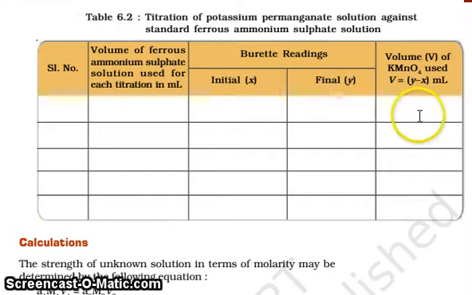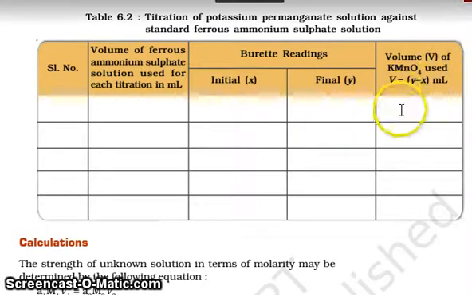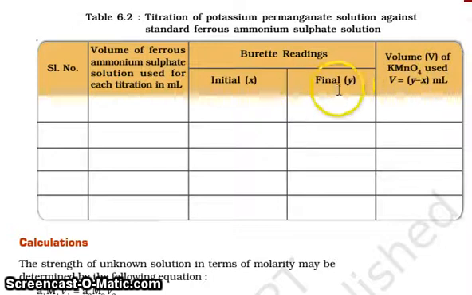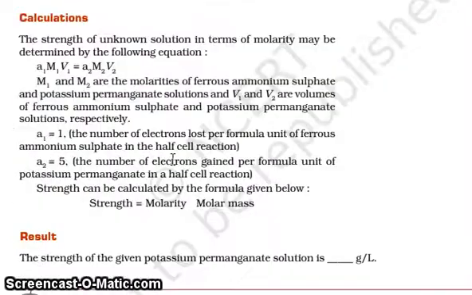And this is the difference, volume of KMnO4 solution used: final minus initial, the volume Y minus X ml. So this table should be in your notebook or your answer book. Then you do the calculations.